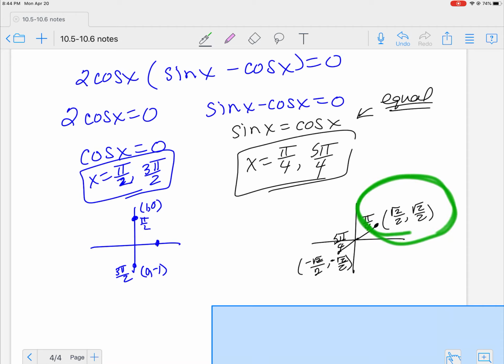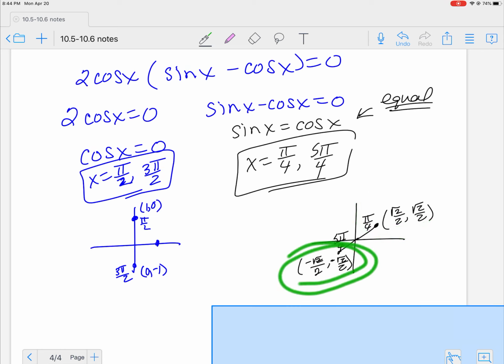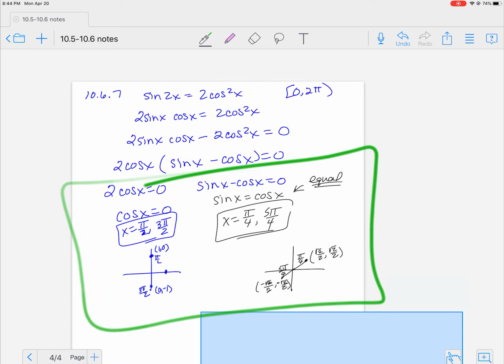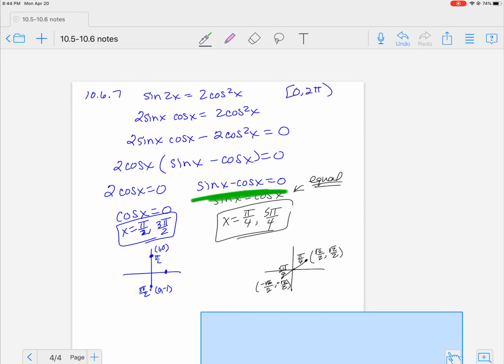Pi over 4. Not only can I do pi over 4 where they're both positive, you can do 5 pi over 4 where they're both negative. This is a common one people ask me about in the homework all the time. It's one you've got in your homework, so heads up on that. This is how you work that problem out, because when you factor out that cosine and you're left with sine minus cosine, you can see how that plays.